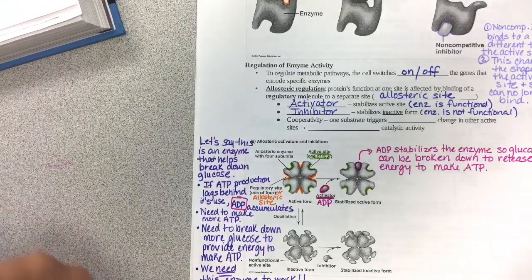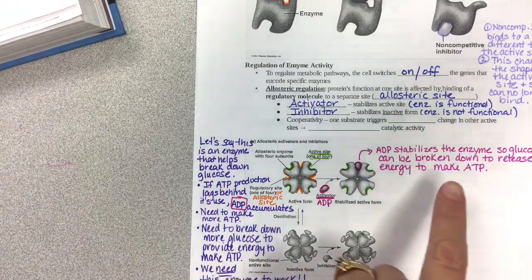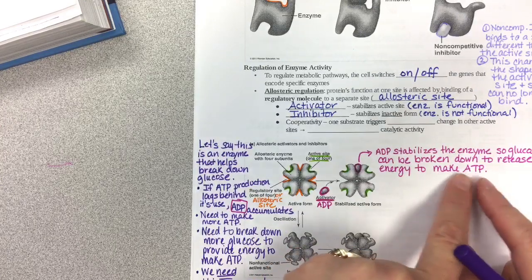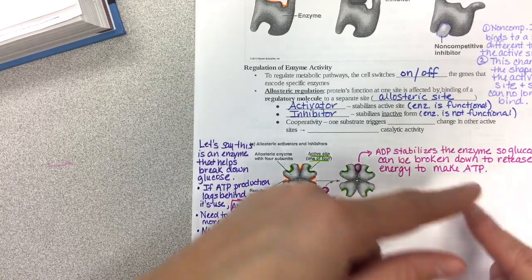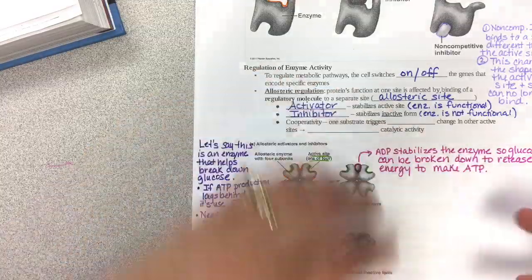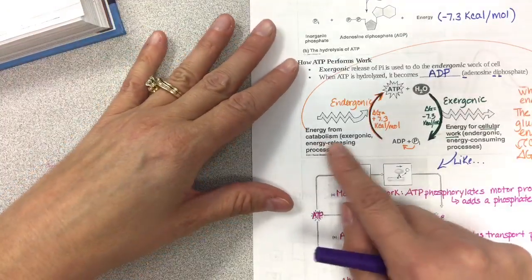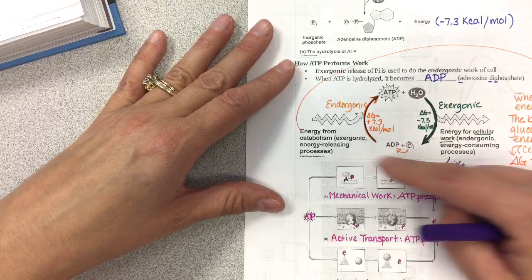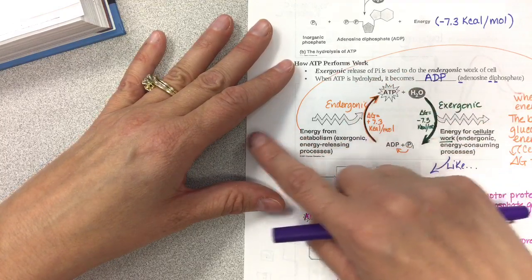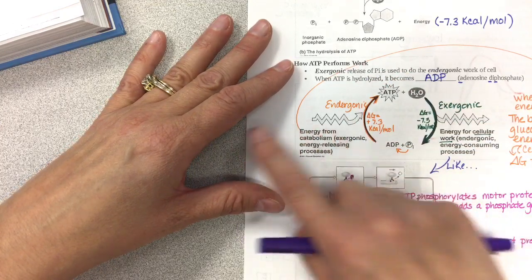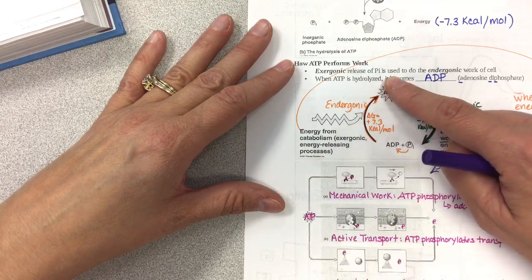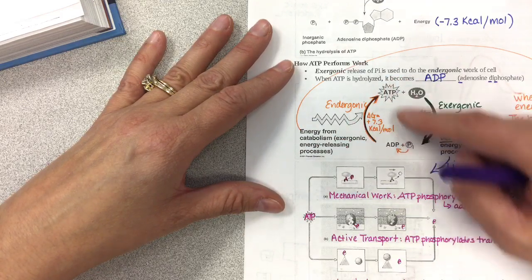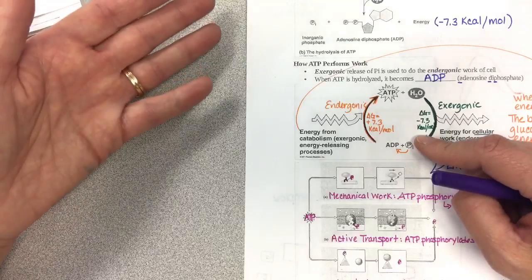So now let's say that energy or ATP is being made, and let's say that its use slows down. So now we're in a situation where it's being made faster because we're using it fast, and glucose is being broken down, providing that energy to make ATP. But now this side starts to slow down. So you start using ATP less, all right?